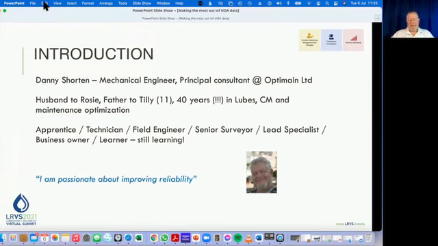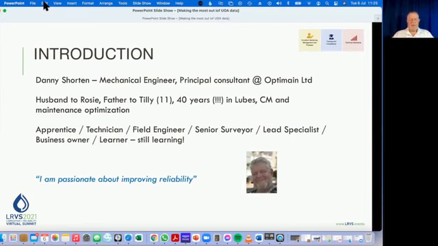From that I developed into a lead specialist, where I was actually combining condition monitoring technologies with classification to learn and to help build a classification profile which allowed people to maintain assets in a way different to the OEM via condition.